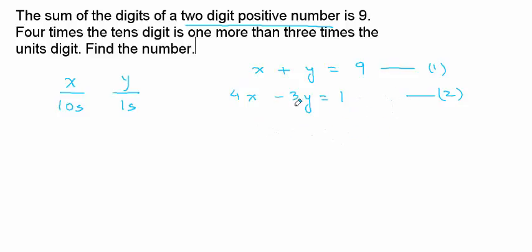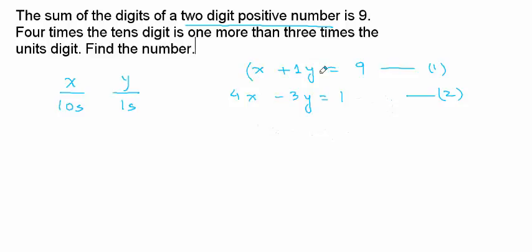Now, like I said in the previous example, the idea of elimination is to pick one of the variables to eliminate, let's say y in our case, and make sure the coefficient of y is the same on both equations with opposite signs. Now on the first equation, the coefficient of y is 1. If you don't see anything, y means 1y. And the coefficient of y on the second one is negative 3. So if we want to make them the same, we want to multiply both sides of equation 1.